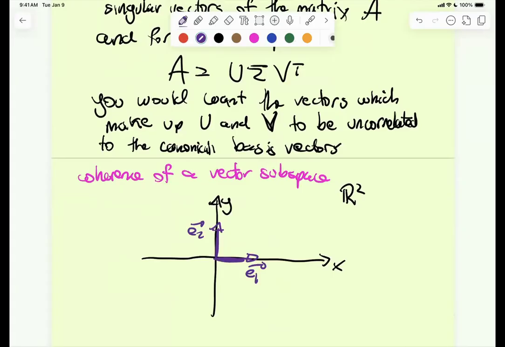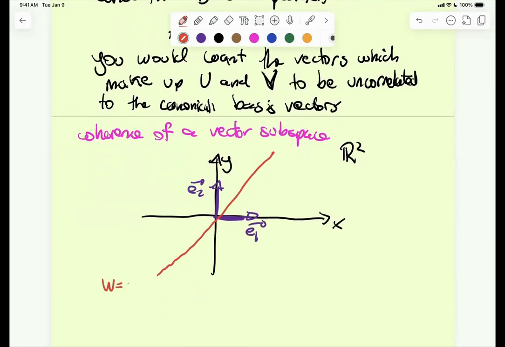So if you think about the subspace, this is a vector subspace of R2.